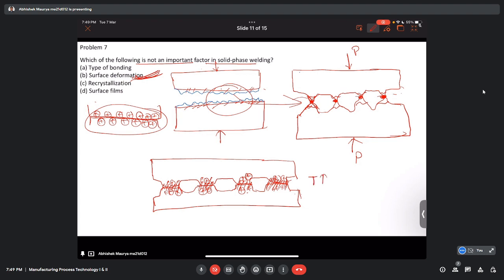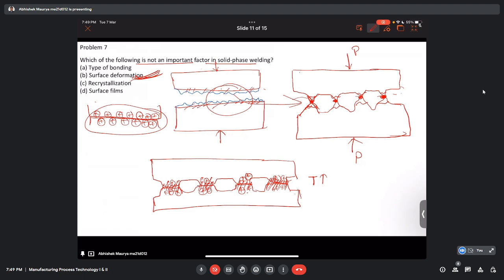If you want the joining process to become faster, you increase the temperature, the rate of diffusion increases, and joining becomes faster.